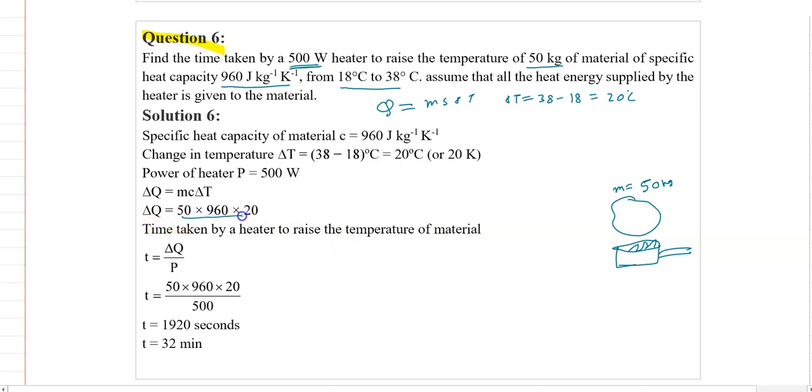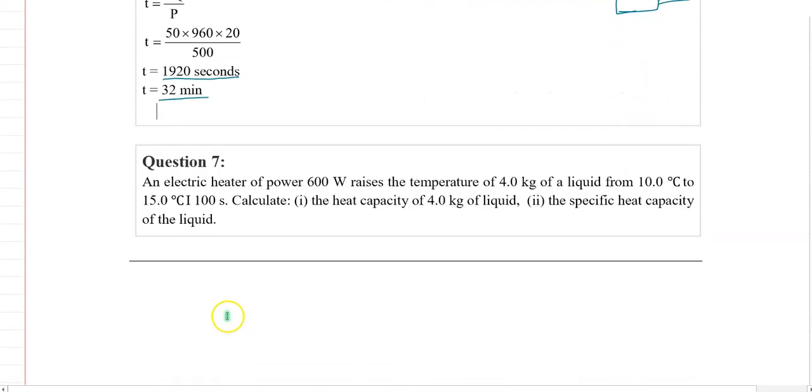Here we write 50 into 960. That is the amount of heat required, and the heater produces 500 joule per second. So how much time is required? Time required means the amount of heat required divided by the power, the amount of heat energy produced by the heater per second. Then we get 1920 seconds, which means 32 minutes. This is an important question.